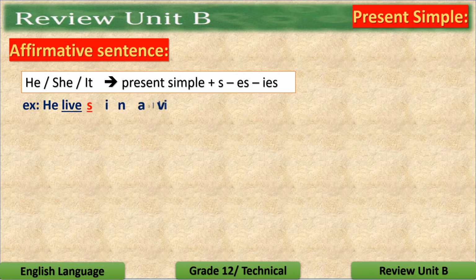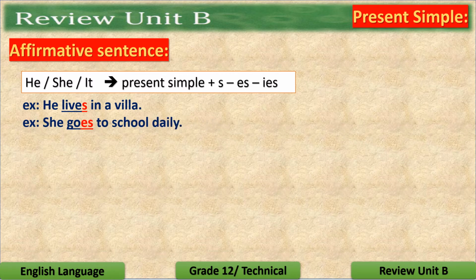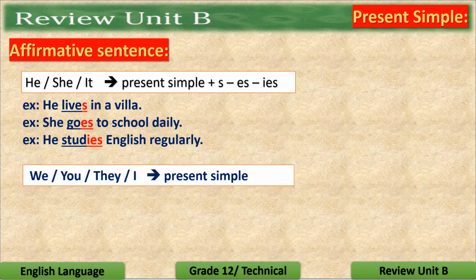Like the following examples. He lives in a villa. Number 2, she goes to school daily. We have ES here. Number 3, he studies English regularly. We have the IES in the third example.